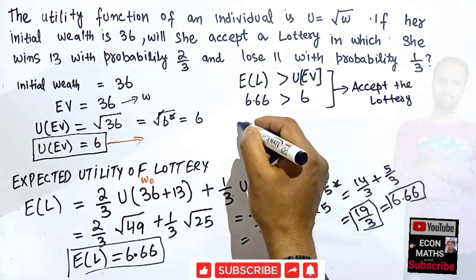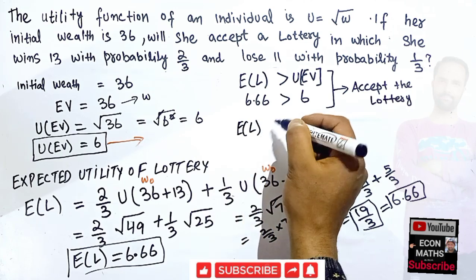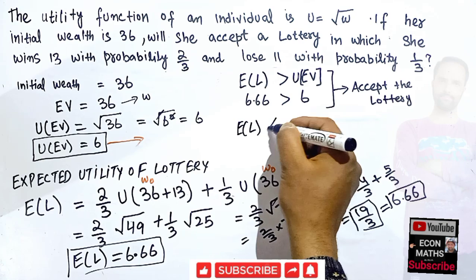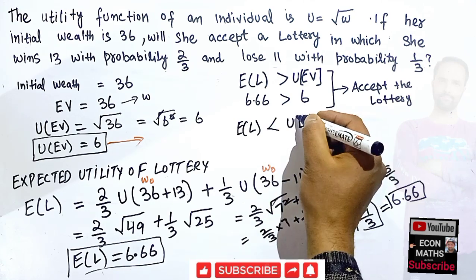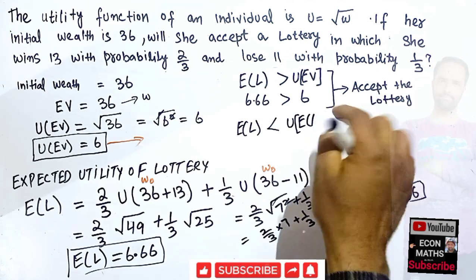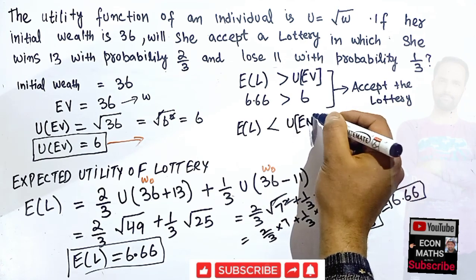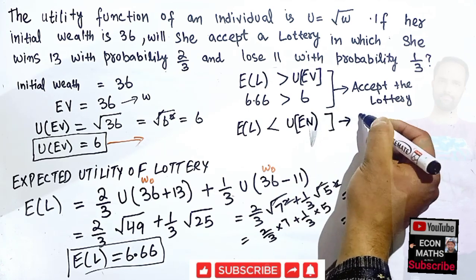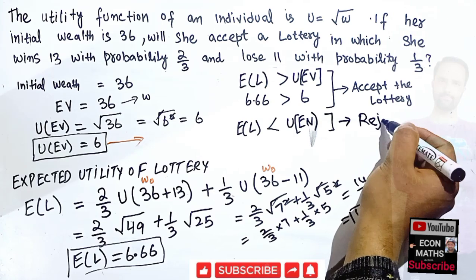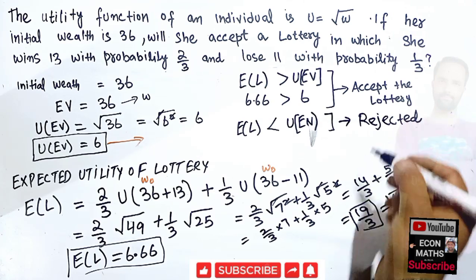If the expected utility of the lottery was less than the utility of expected value, in this case she would have rejected the lottery.